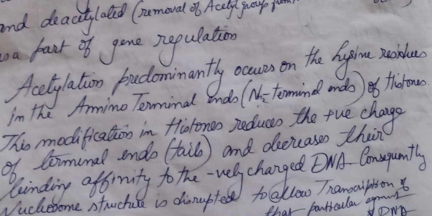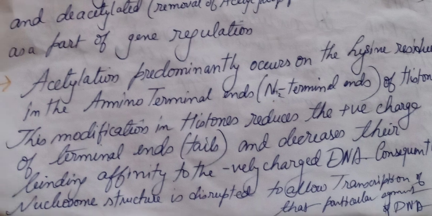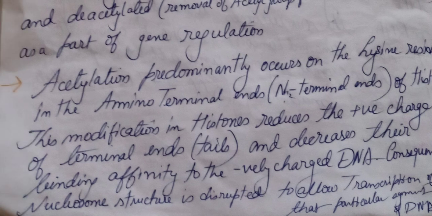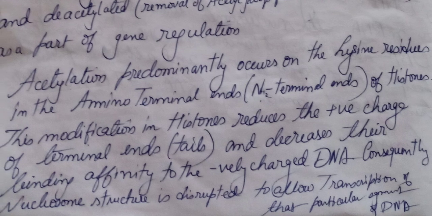What happens when acetylation occurs on these lysine residues of the N-terminal tail of histones? This modification actually reduces the positive charge of the terminal ends. The terminal ends have a positive charge. Due to addition of this acetyl group on lysine residues, it reduces the positive charge and decreases the binding affinity to the negatively charged DNA.